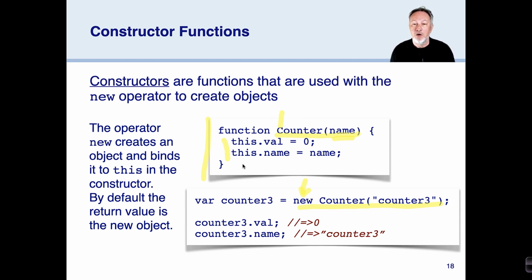So in this case, we start with an empty object, and this empty object has the properties value and name added to it and initialized. By default, it will get a prototype which is provided by the system. We'll see that in a moment. So now if we access in counter3, its value will be 0 and its name will be the string counter3.